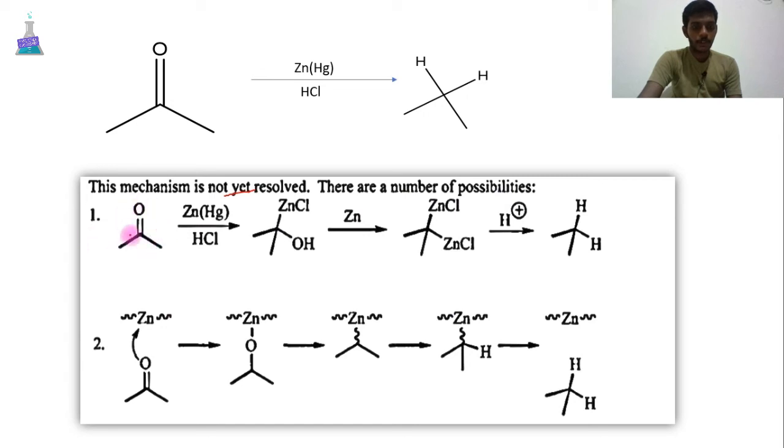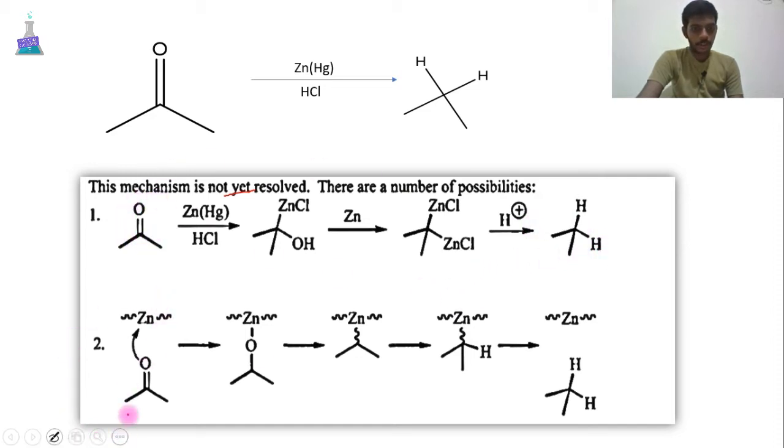Like this is a ketone or aldehyde, with zinc amalgam and hydrochloric acid, the zinc chloride and the alcohol is formed. After that, again zinc is added, and this is also converted to zinc chloride. After the hydrolysis, the methylene group is obtained. This is the product of this reaction, the deoxygenated product.